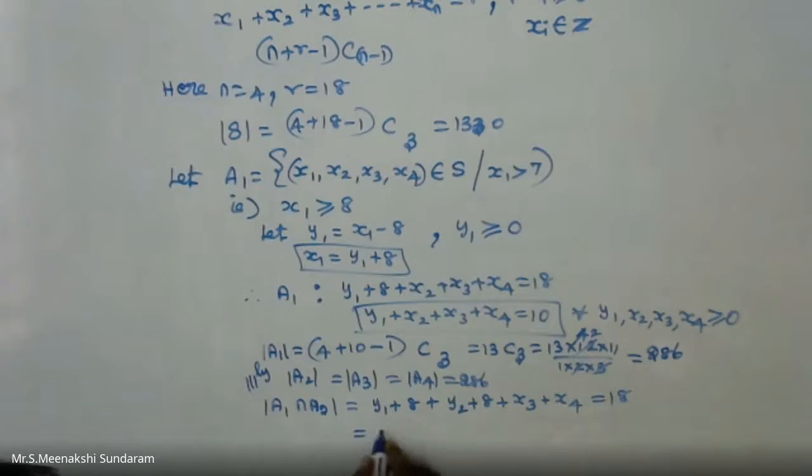Now what is the value? y1 plus y2 plus x3 plus x4 equals 18 minus 16, which is 2.